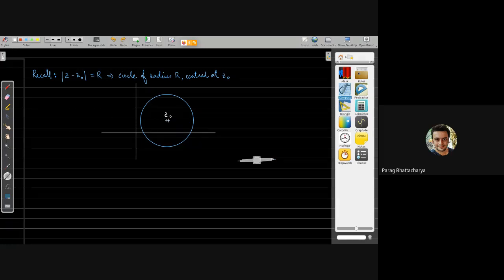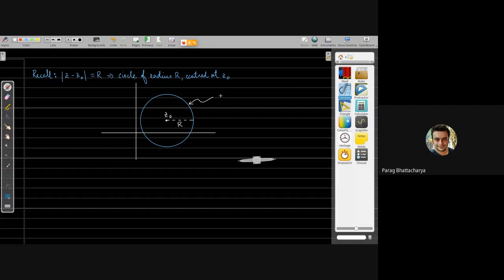So this is what is meant. This circle that we have over here is your modulus z minus z naught equals r. Okay, remember this, because this is going to help you in problems like this.